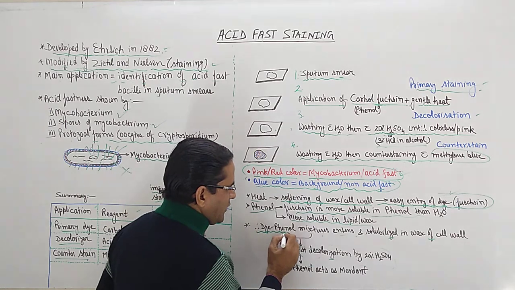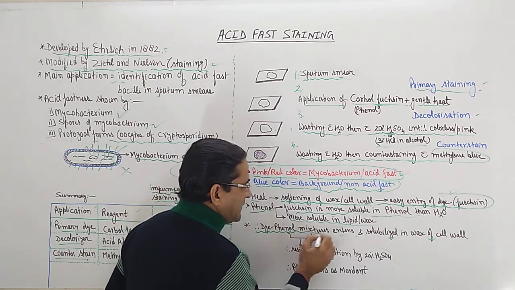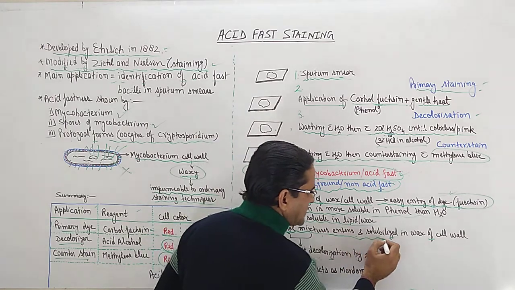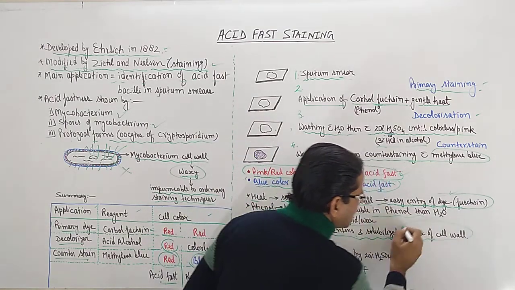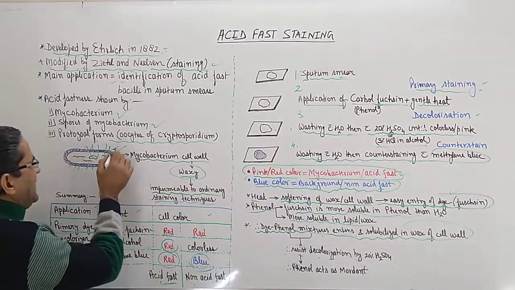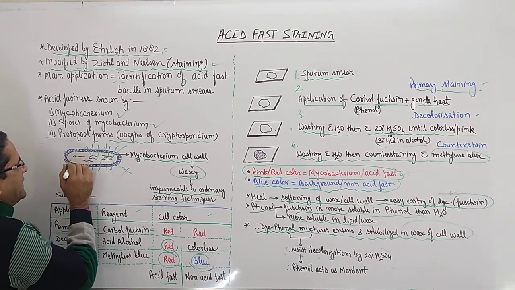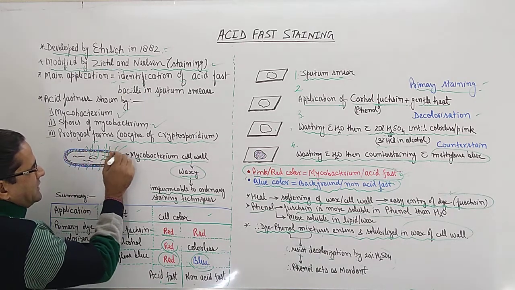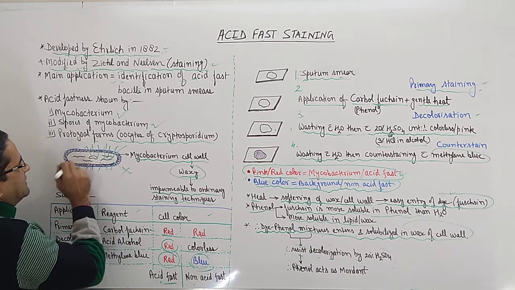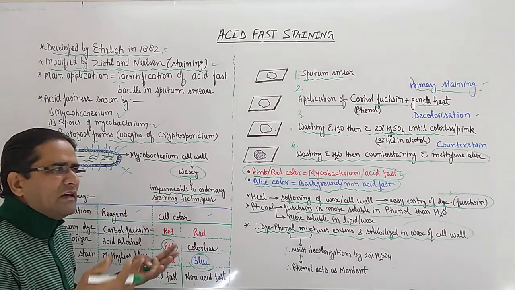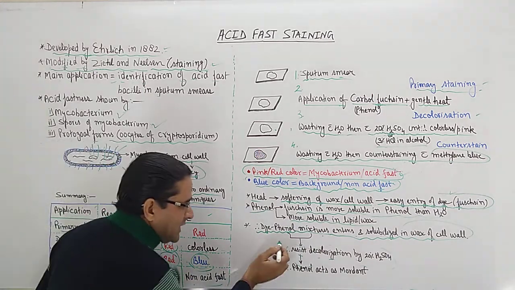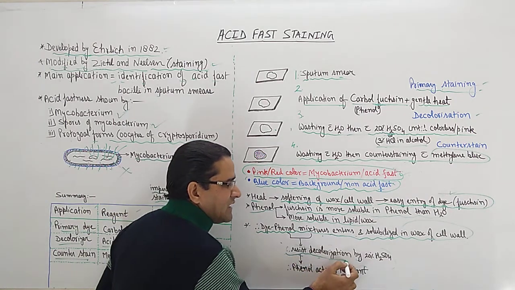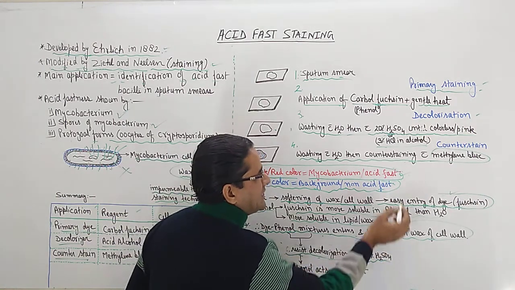Therefore, this dye-phenol mixture enters and is solubilized in the wax of the cell wall. After entry, it becomes accumulated here, and therefore it will not be decolorized, as we have seen. Therefore, it resists decolorization by 20% H2SO4.